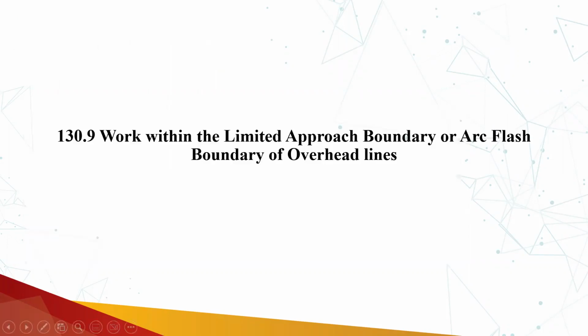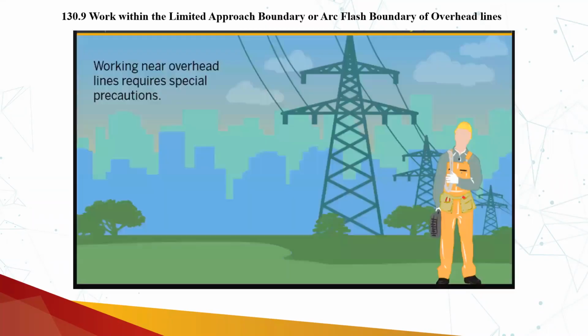Then 130.9, work within the limited approach boundary or arc flash boundary of overhead lines. So we know that the overhead lines are live. They are not insulated. A task which needs to be carried out near those overhead lines should take some special precautions.